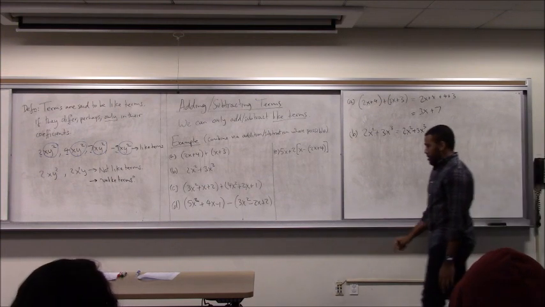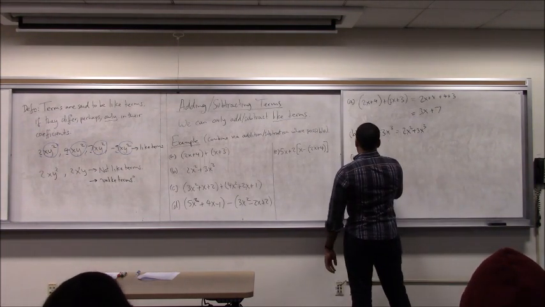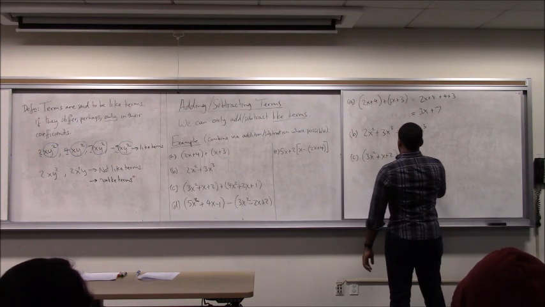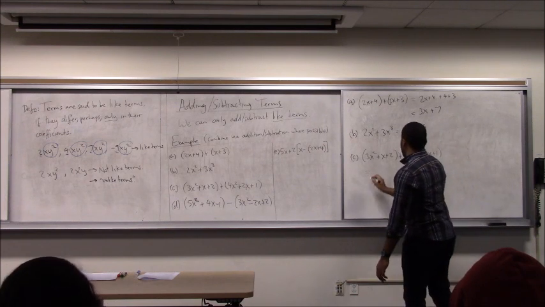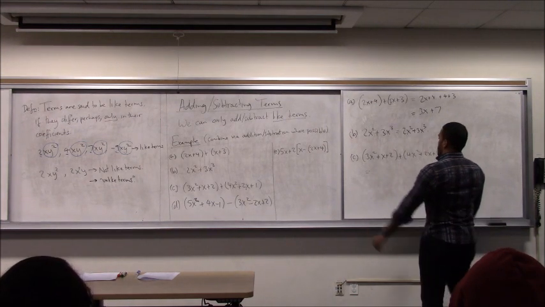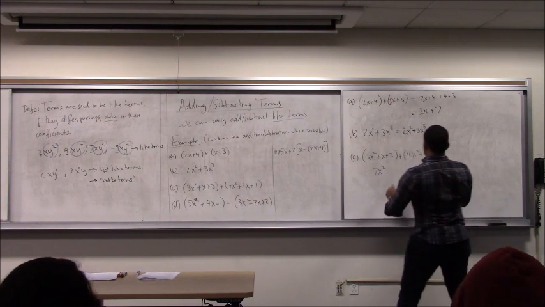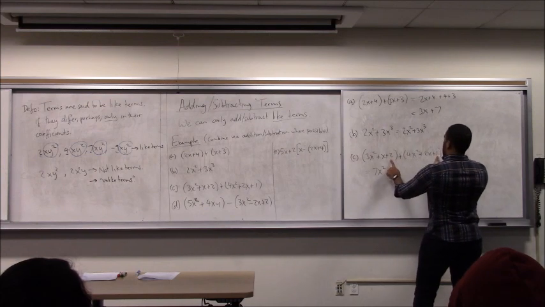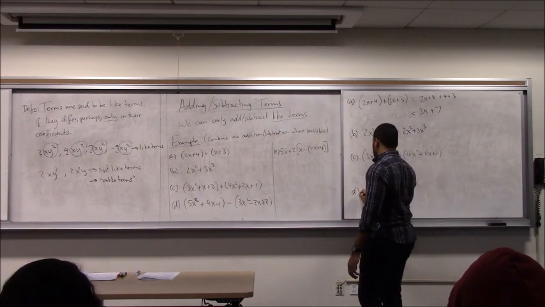It's a trick problem. Okay, x squared plus x plus 2 plus 4x squared plus 2x plus 1. Combine like terms here: 5x squared plus 3x plus 3. D.